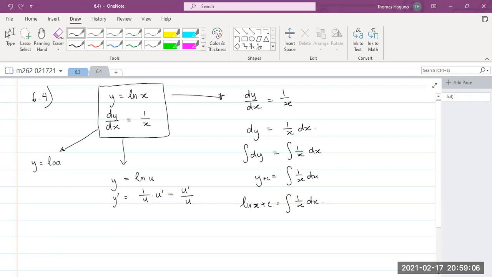So log base b of x instead. Then we do change of base. This is natural log of x over natural log of b, which we can rewrite as 1 over natural log of b times natural log of x, such that the derivative is 1 over natural log of b times 1 over x. Now, that's the key for this section.